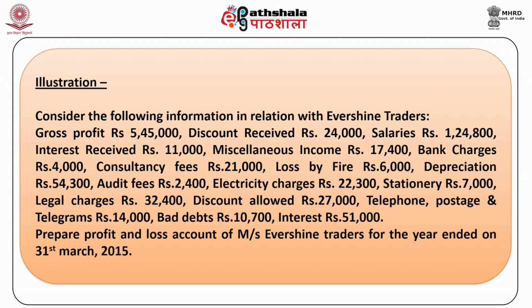Gross profit rupees 5,45,000, discount received rupees 24,000, salaries rupees 1,24,800, interest received 11,000, miscellaneous income 17,400, bank charges 4,000, consultancy fees 21,000, loss by fire rupees 6,000, depreciation 54,300, audit fees 2,400, electricity charges 22,300, stationery 7,000, legal charges 32,400, discount allowed 27,000, telephone, postage and telegrams rupees 14,000, bad debts 10,700, interest 51,000.